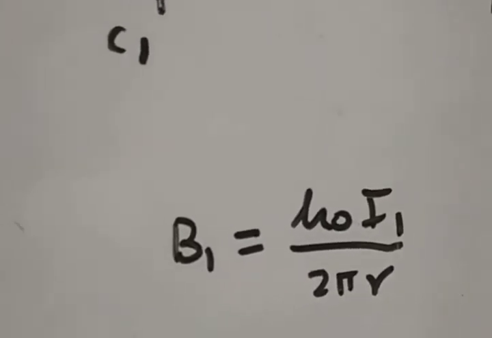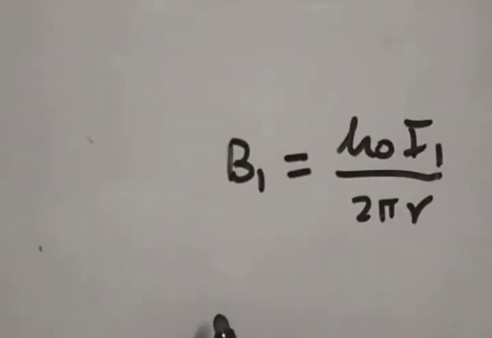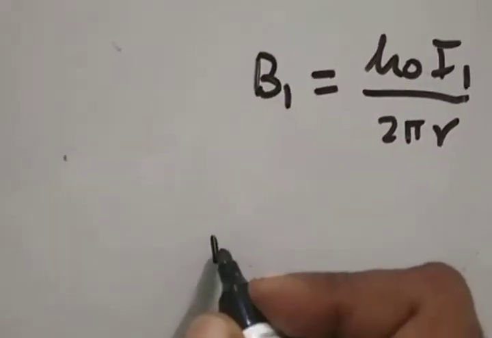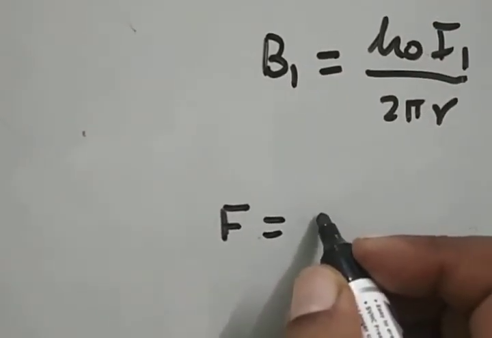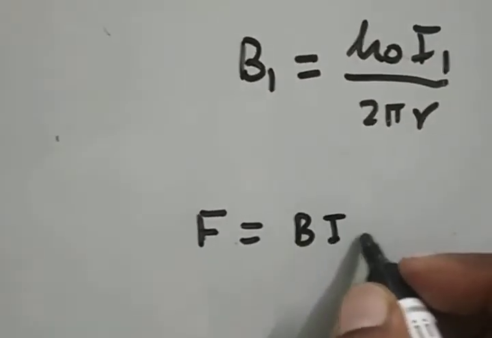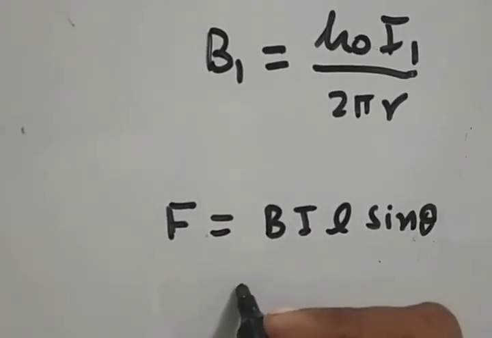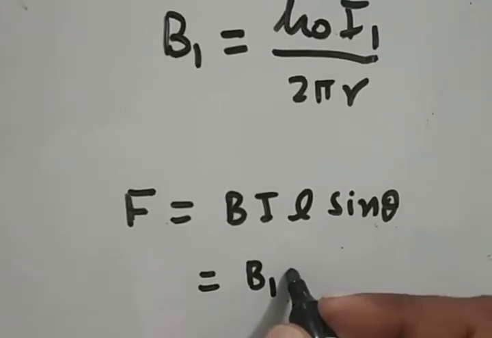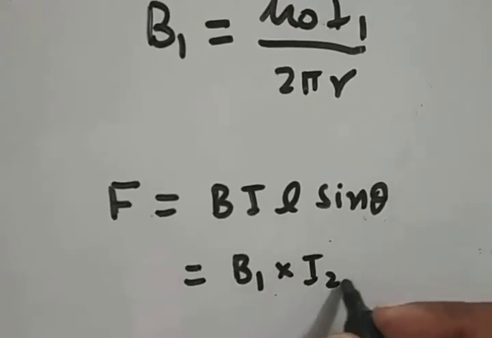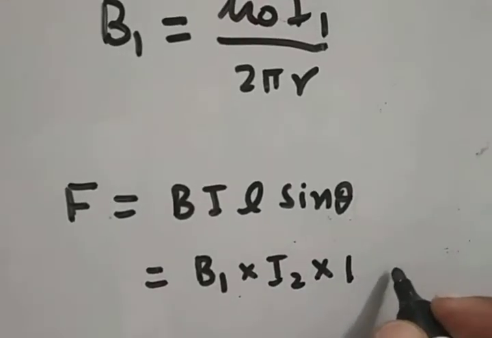So we can find the force F is equal to, we write first the general formula, BIL sin theta. In this case, B is B1, current is I2, and we are taking the force on unit length, so we say 1.